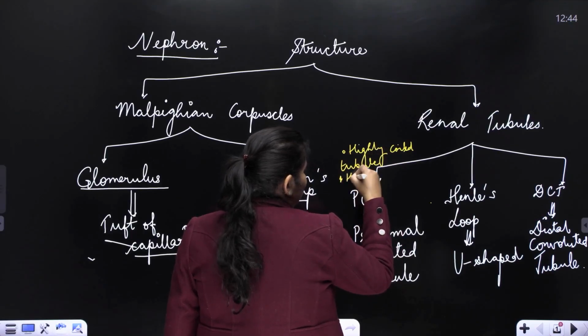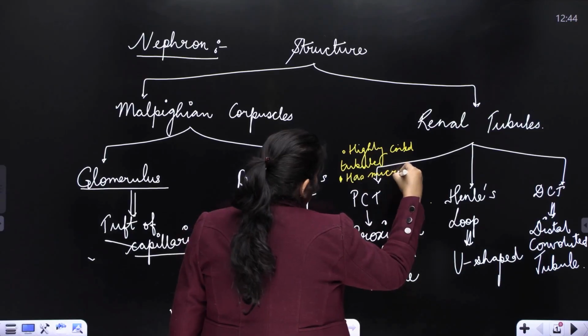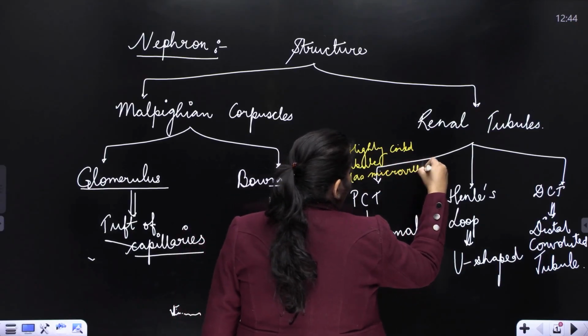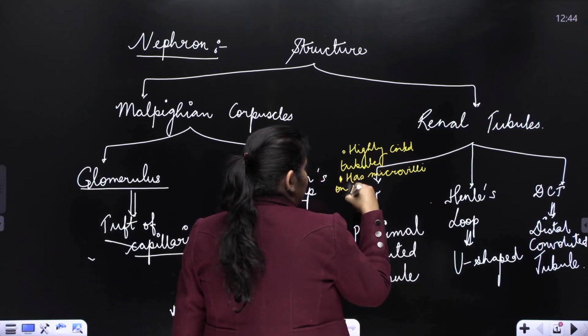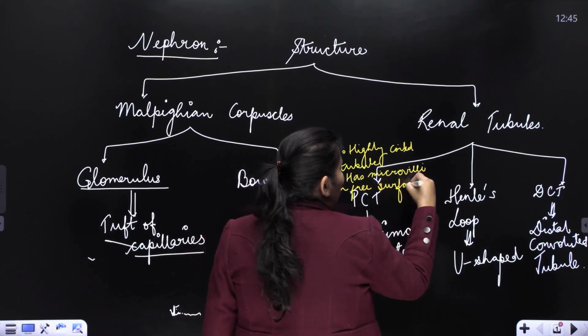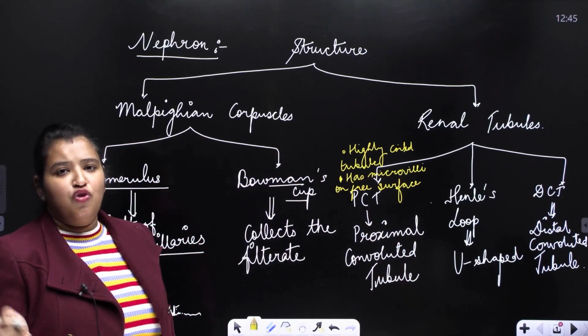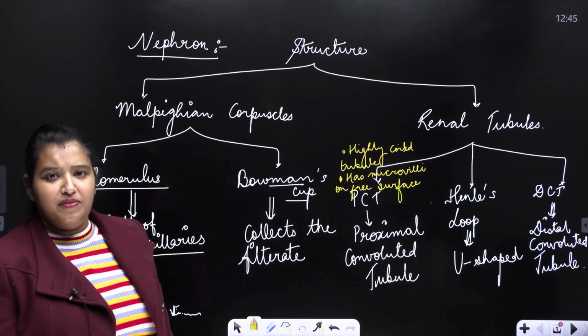It has microvilli on the free surface. Why does it have microvilli on the free surface? To increase the surface area for absorption of the useful substances.